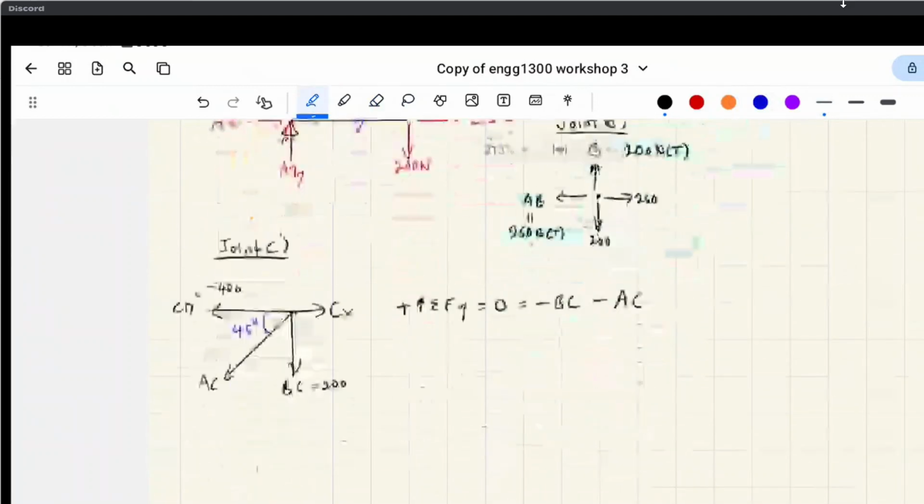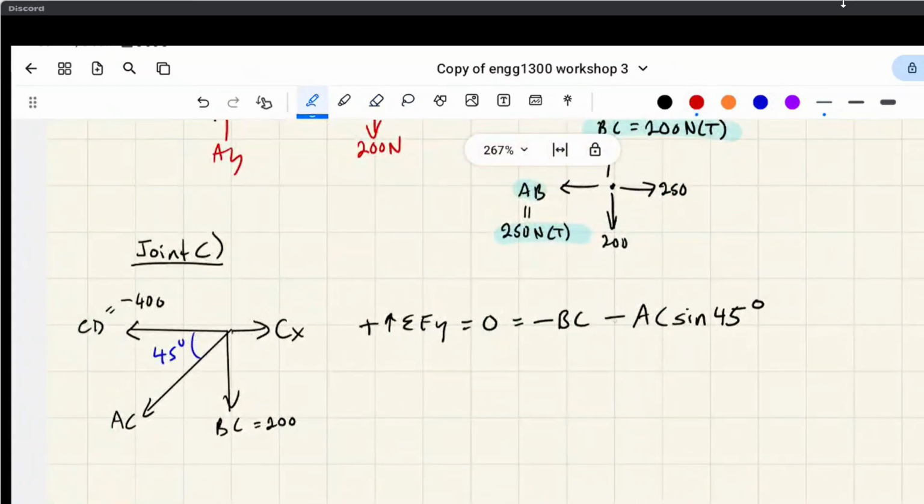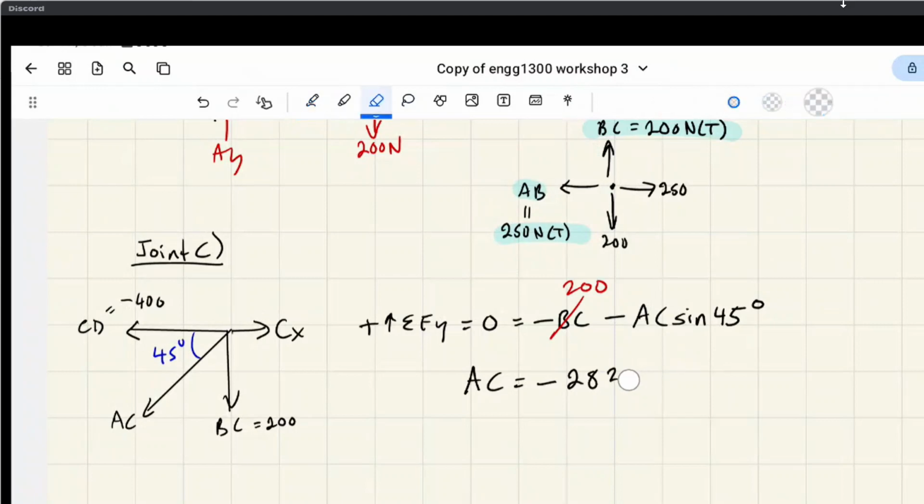So we know that's 45, right? And so now we've easily been able to solve for AC, which was negative 282.84 newtons in compression. And that's our last question for today.